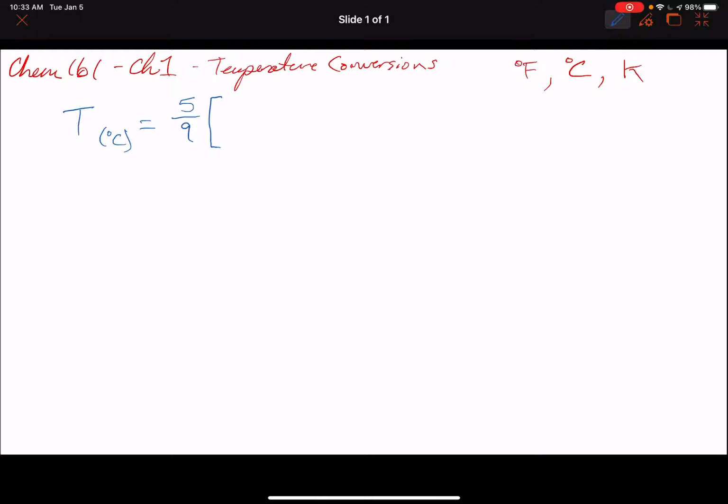Okay, so the adjustment to the Fahrenheit information lies within these square brackets. So one would input, at this point, the degrees F information, subtract 32 degrees F from that, and then multiply by 5 and divide by 9 to get the temperature in now Celsius. Okay.